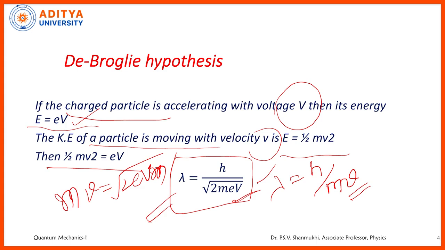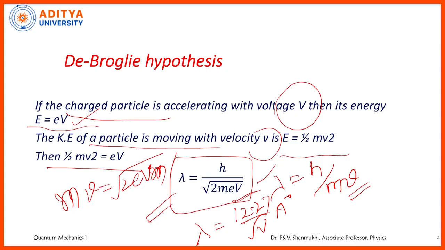Especially if it is an electron, you can use the formula lambda equals 12.27 by root over V, and directly we get this in angstroms. V is the voltage with which the electron is accelerated.